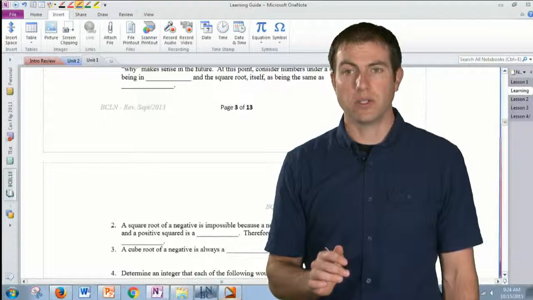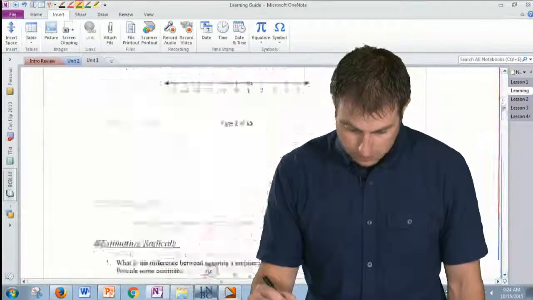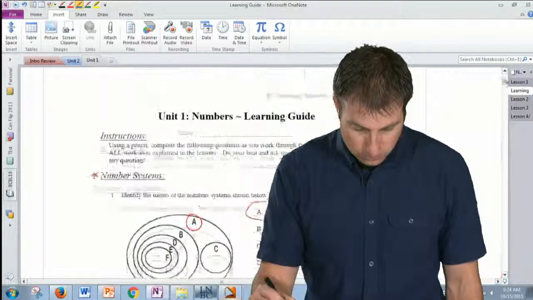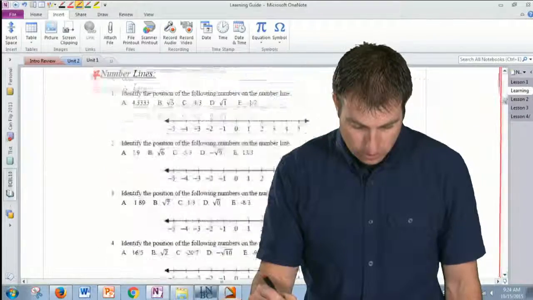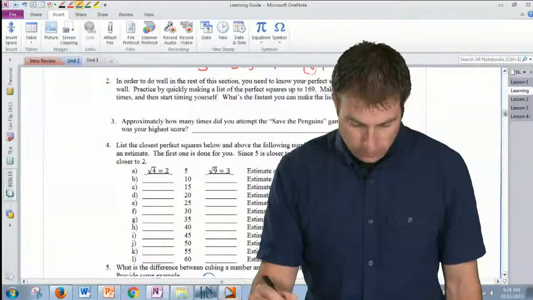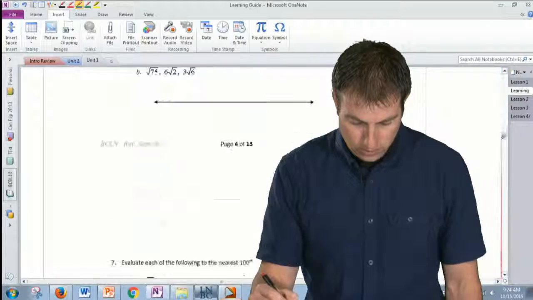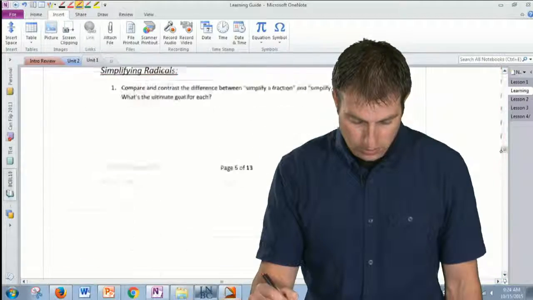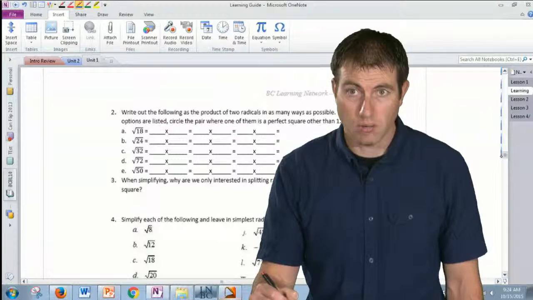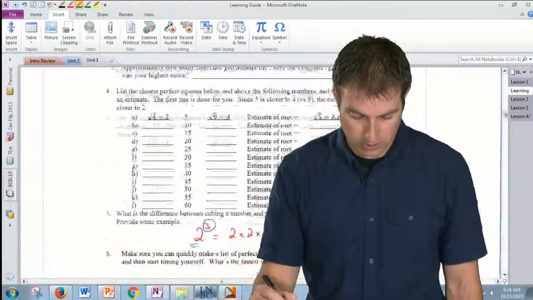The third question regarding the square root of 98. Up here at the top, third question. That's not it. Evaluating irrationals number 3. Okay, that's helpful.